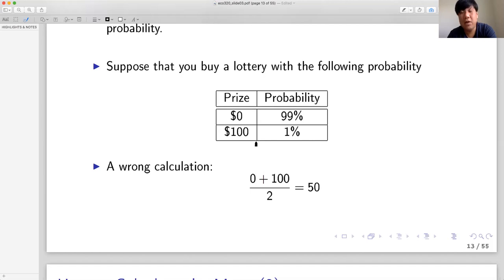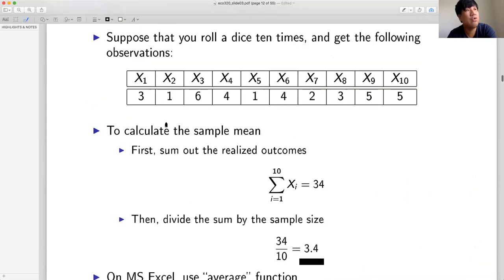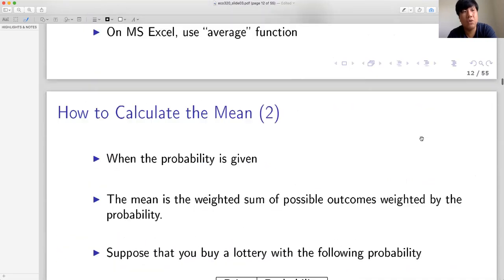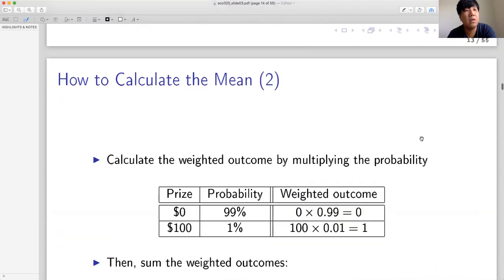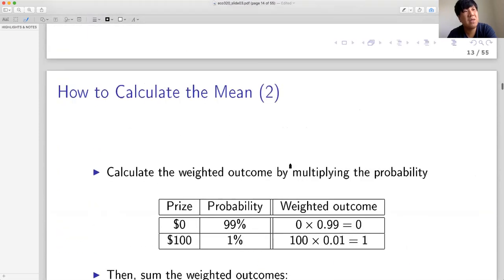So when you calculate the average, using this method, you do like a 0 plus 0 plus 0 plus 99 times plus 100 and divide by 100, which will give you exactly 1. So, I mean, try to spend some time on this.